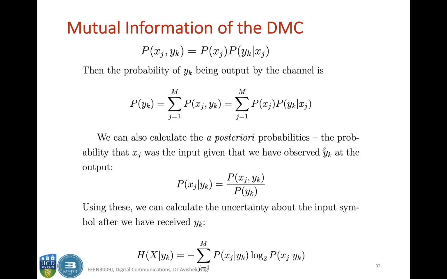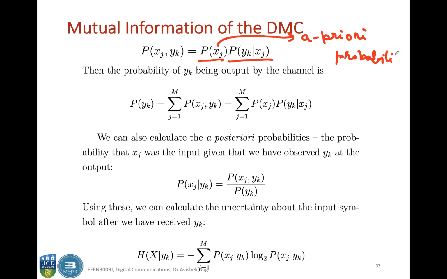So let us first do an analysis of the discrete memoryless channel from the perspective of information theory. So we will use some of the given knowledge about the discrete memoryless channel. By given knowledge I mean that we know that we have these transition probabilities and we have these a priori probabilities. So these were called the a priori probabilities, which you have learned before.